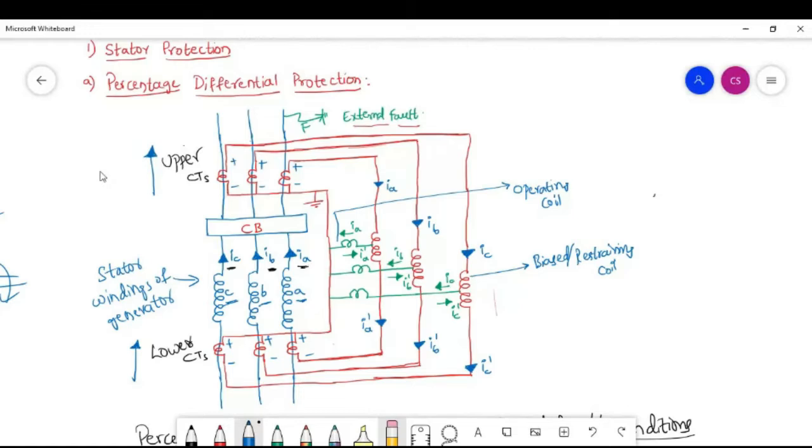Apply the same concept. Why is the current also flowing in this direction? Because the fault is not an internal fault, it is an external fault. In this case, the relay should not operate because the fault is not taking place internally, it is taking place externally.